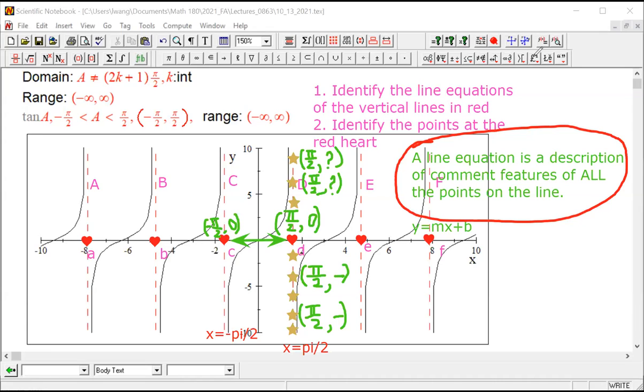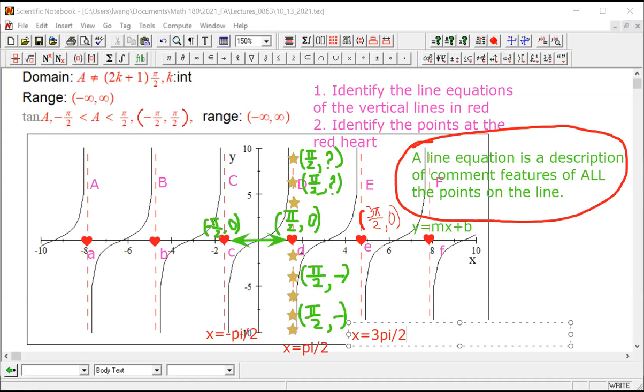Okay. So this point E is 3 pi over 2, comma 0. And the line equation is x equals 3 pi over 2.